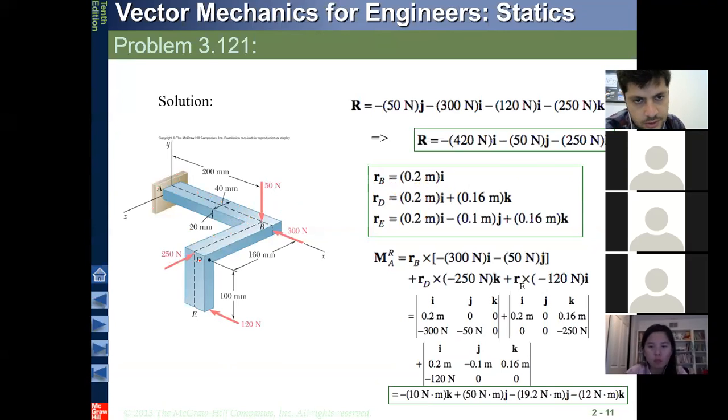R of D is equal to 0.2 meter in X direction and 0.16 meter in Z direction. And R of E is equal to 0.2 meter in X direction, right? Minus, yeah, this is where we have 100 millimeter here, so it would be minus 0.1 meter in the y direction and 0.16 meter in the Z direction.